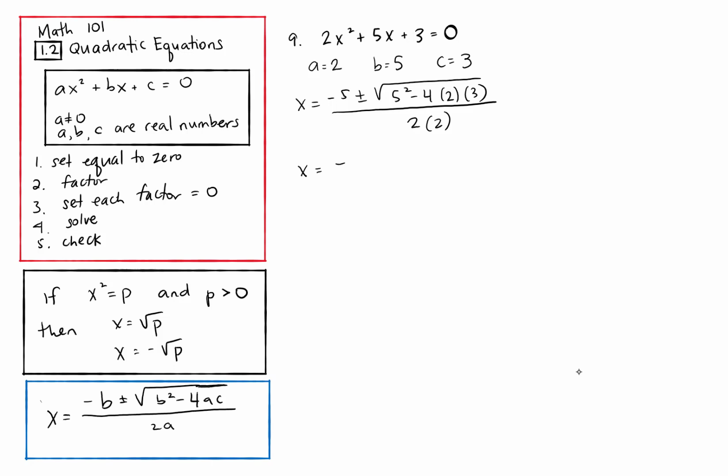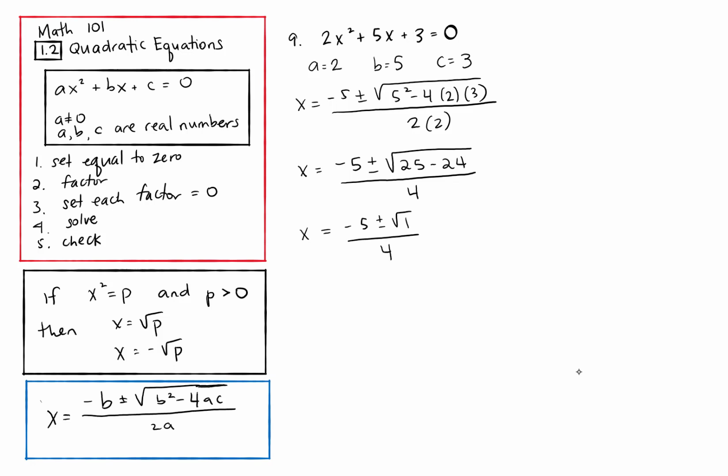So you start off with x is equal to negative 5 plus or minus the square root of 25 minus 24 all over 4. So x is equal to negative 5 plus or minus the square root of 1.